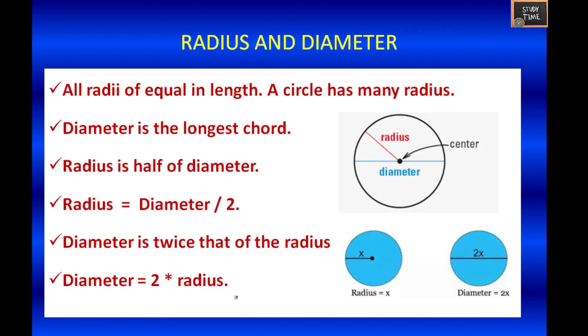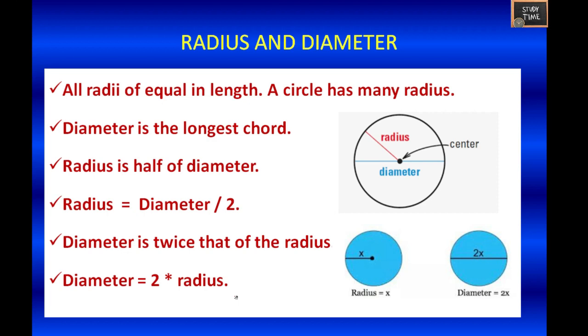Next, we are going to see the relationship between radius and diameter, and that radii are of equal length. Any radii you can take are equal in length. If a circle has 5 cm radii, it is equal in length throughout the circle. Diameter is the longest chord in the circle. Radius is equal to half of diameter.